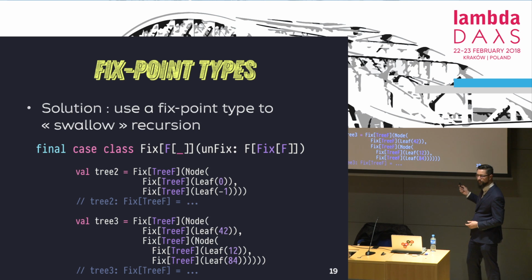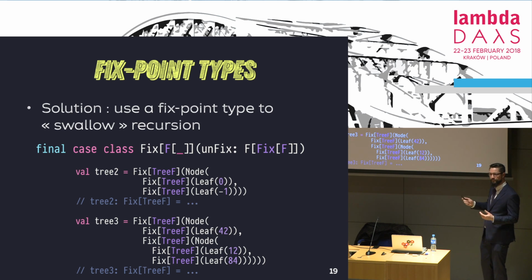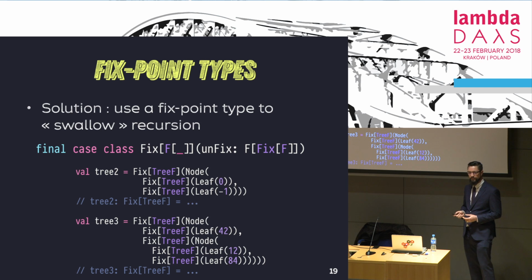Okay? Again, if I have a leaf there and I fix it, I have also a Fix of 3f. So this node here is a 3f of Fix of 3f. And if I wrap it in Fix, I have again a Fix of 3f. Is that okay?